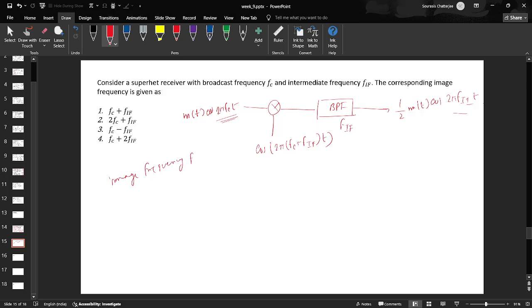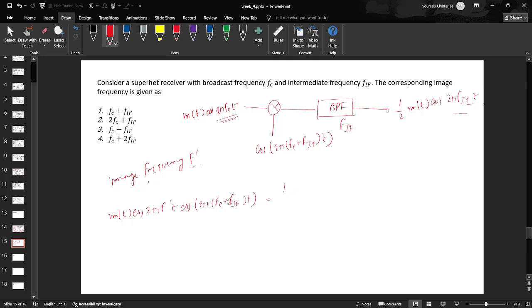Let's call it f dash. So let's say instead of m(t) cos 2 pi fc t, we have cos 2 pi f dash t. Let's see what will happen in that case. We have m(t) cos 2 pi f dash t and cos 2 pi (fc plus fif) t.